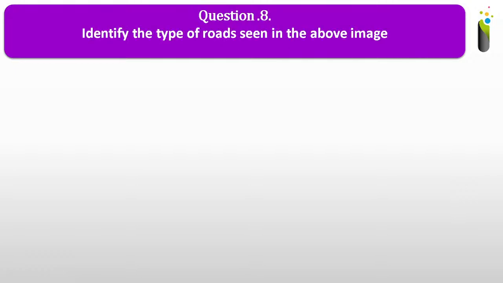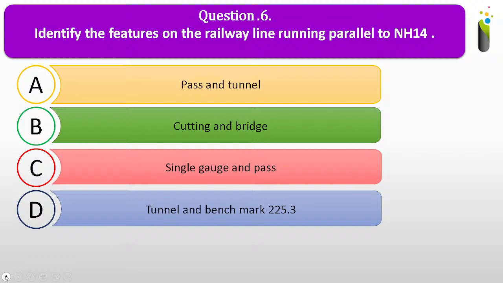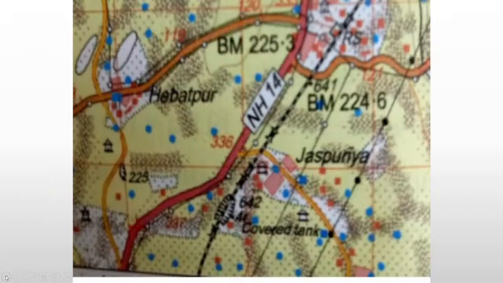Going ahead to question number 8. Identify the type of road seen in the image, the earlier image. Do you want to see that image again? Okay, I have to take you back then. So I shall show you. This is a lesson for me that every time I introduce a question, I have to keep this image after every question.